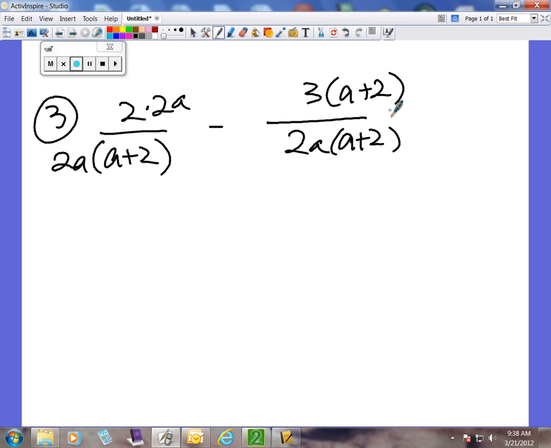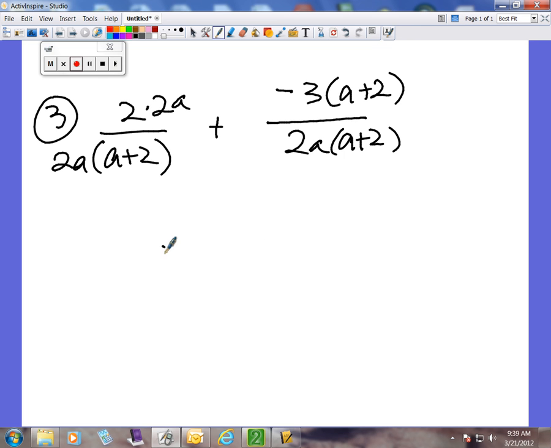You'd only put it on the 3a, wouldn't you? That's why you do this. If you make sure you change this to adding the opposite, guess what you'll end up distributing? The negative. See, that's what you forget to do. That's why I'm telling you on every subtraction problem, immediately change it to adding the opposite.